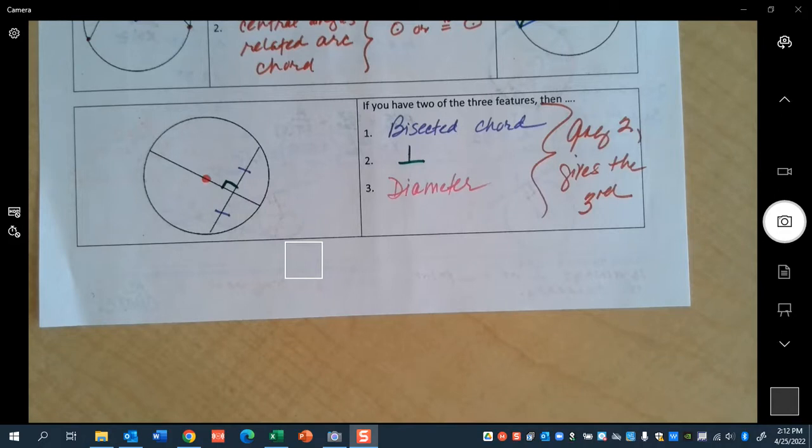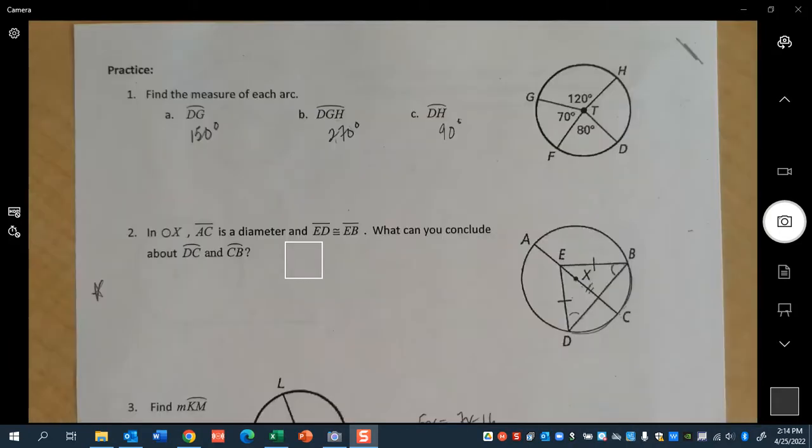Got it? Yeah? Okay. All right, so let's talk about this. Finding the measure of each arc, easy, not a problem. Just filling in what we're missing. Any problems with A, B, or C you want to talk about?